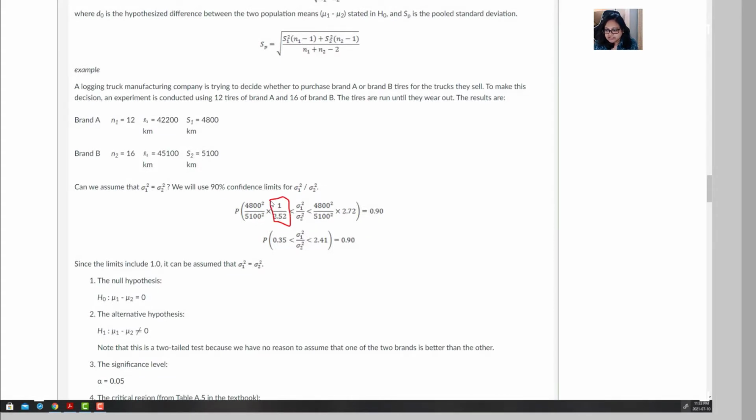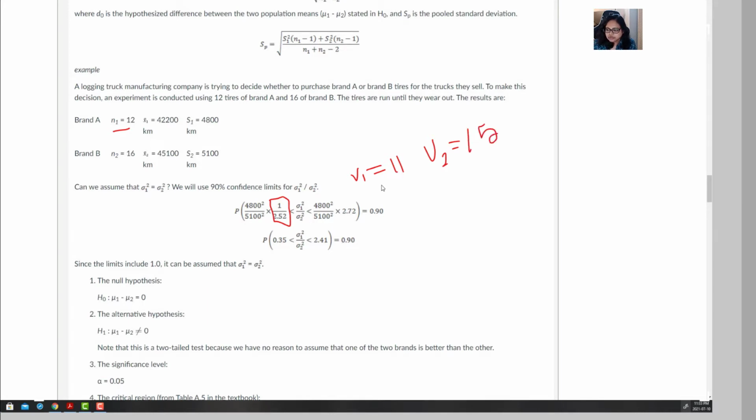So at first, let's see the v1, that is the degrees of freedom in the numerator. Let's say that v1 is n1 minus 1, that means 11. And v2 equals n2 minus 1, 16 minus 1 is 15.